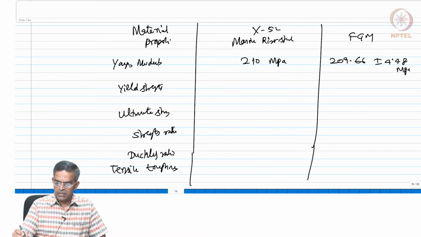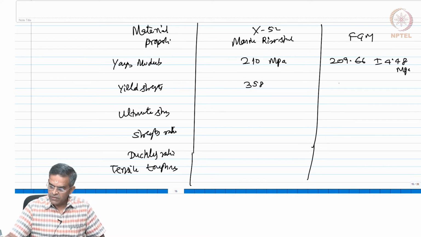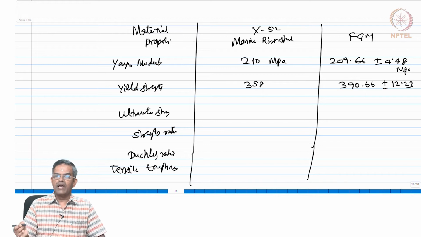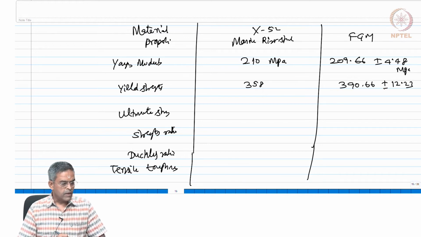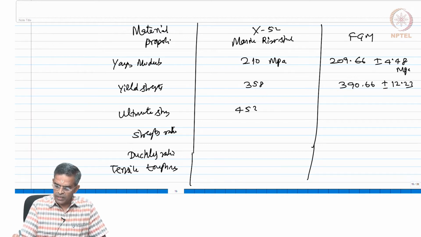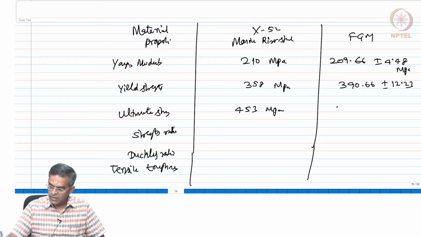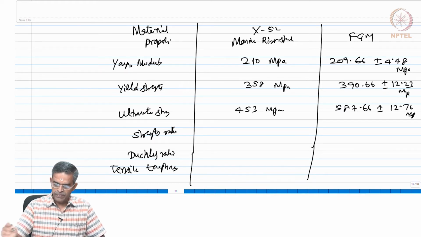As far as yield strength is concerned, X52 exhibits 358, whereas we got 390.66 plus or minus 12.23, that is the variation we have in samples. Ultimate strength showed 453 in X52, again megapascal, whereas we had a very exorbitant value of 587.66 plus or minus 12.76 megapascal.